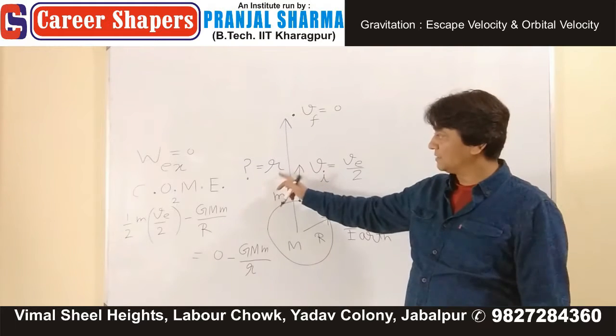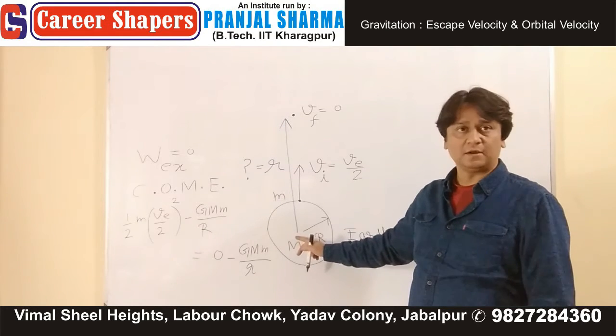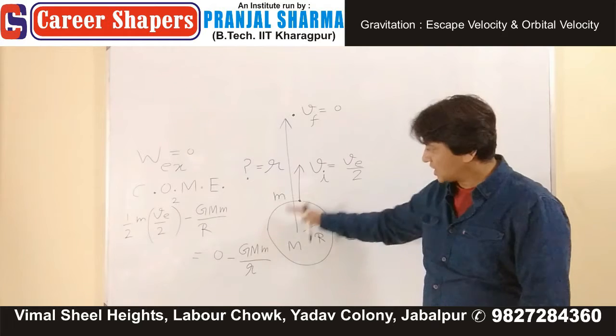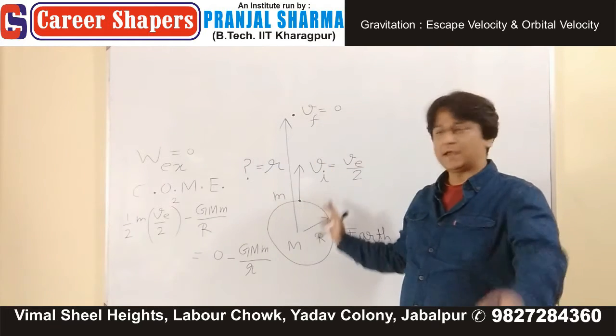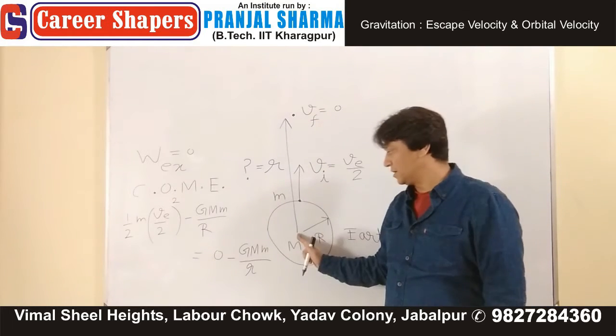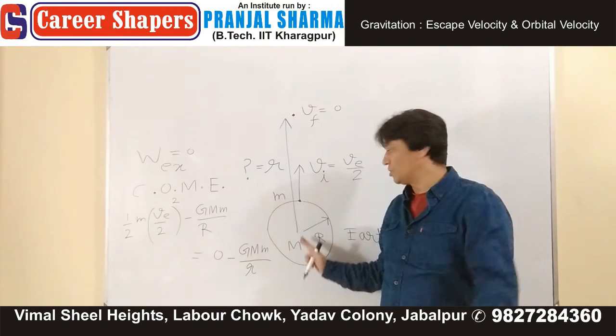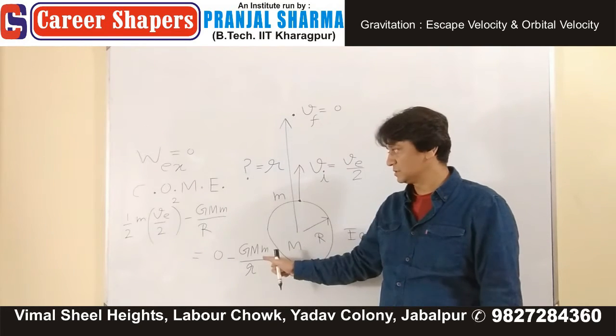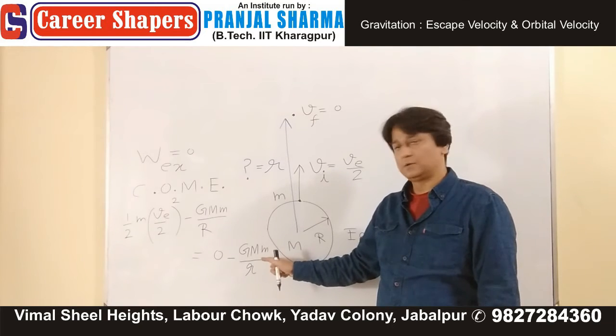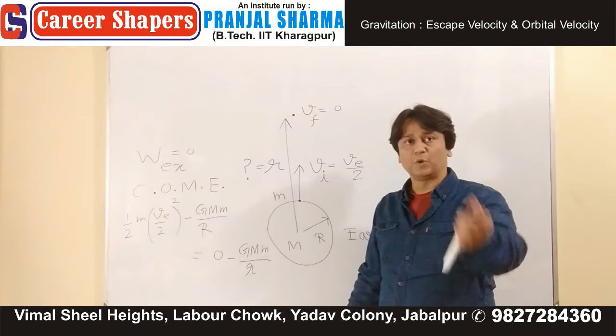It is at some distance r from the center. If you are outside, then entire mass can be considered at the center as a point. And what is potential energy of 2 point masses? This. Solve this and you will get the answer.